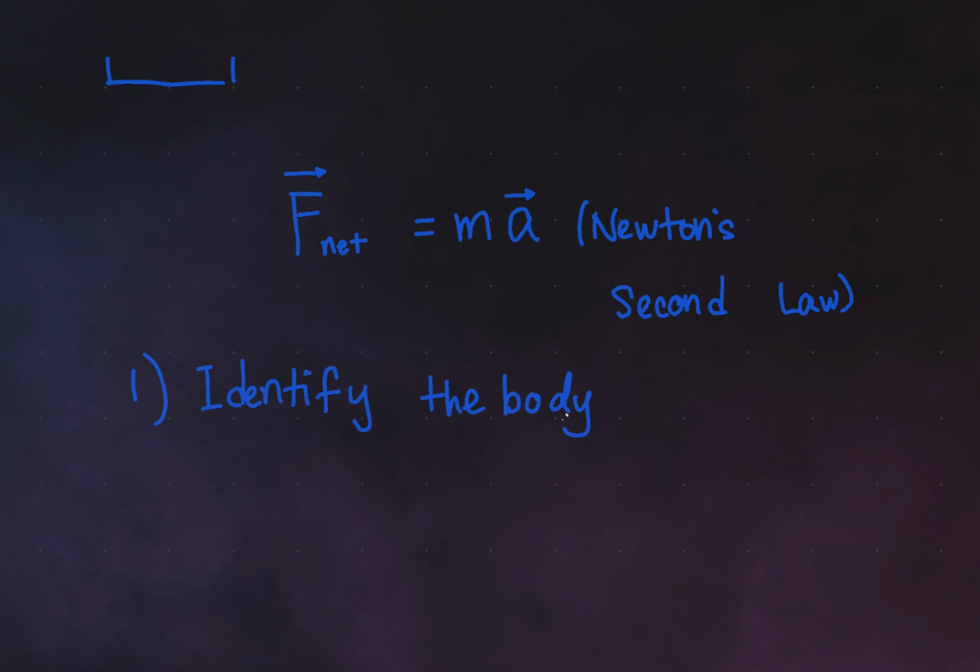The net force must be the vector sum of all the forces that act on the body, because the different forces applied to the body sum as vectors and result in the acceleration. That's why we need to identify which body we are talking about.